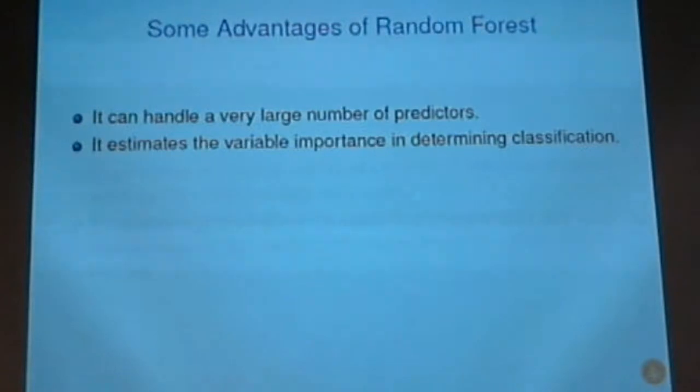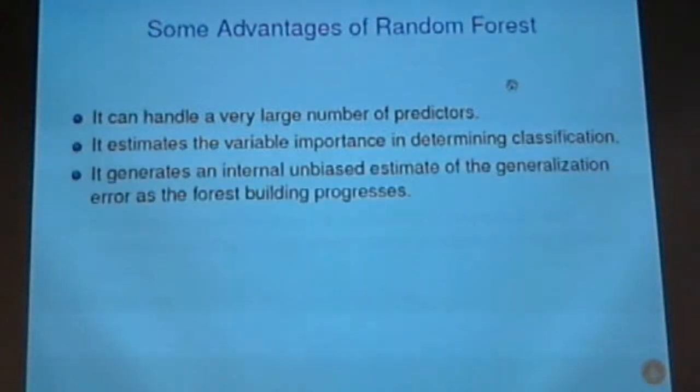And it estimates the variable importance in determining classification. This is a very different usage of random forest: instead of building a classification or regression model, you can use it to determine variable importance. It also generates internal unbiased estimates of the generalization error. Generalization error is the test error, right?